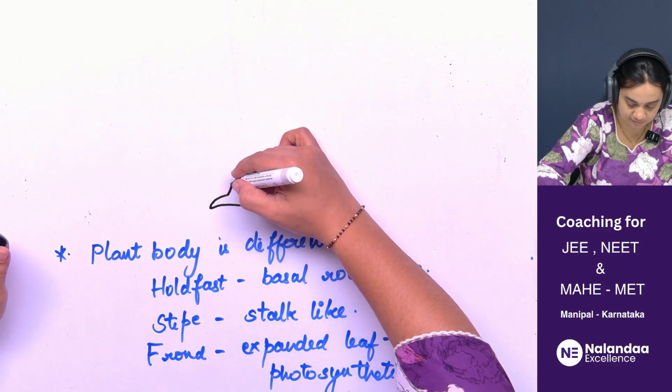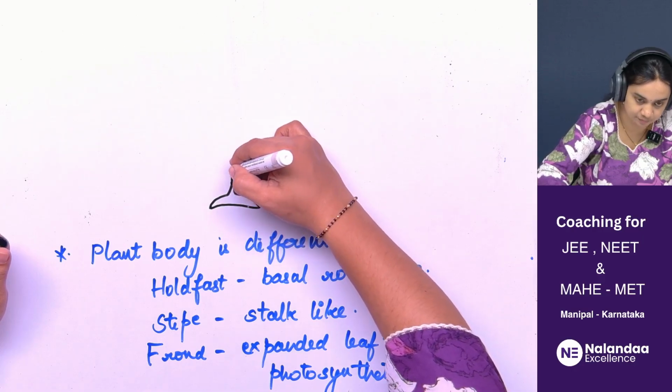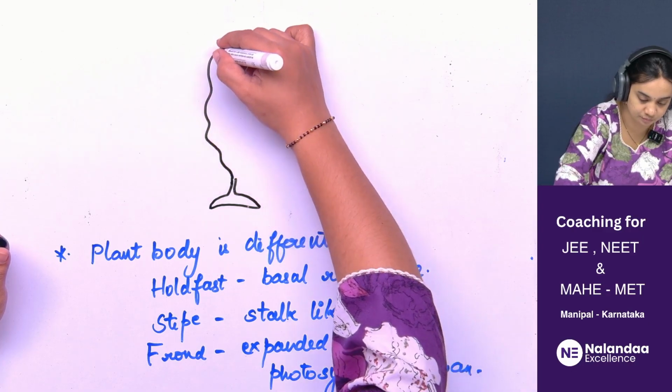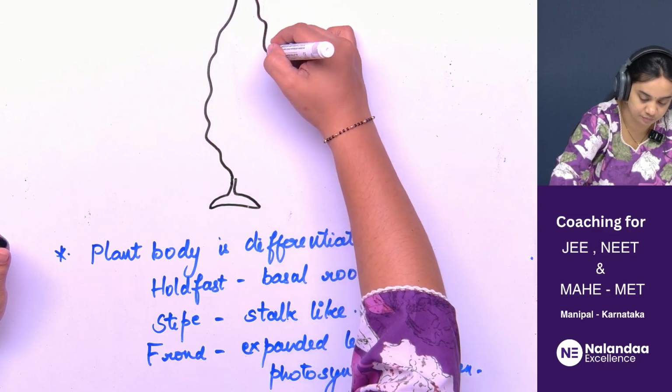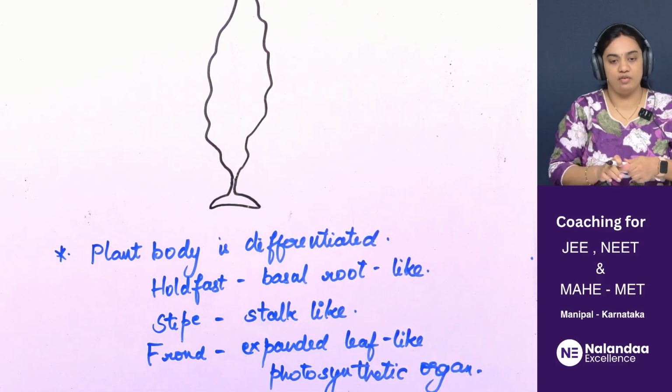There is a basal hold fast, a small stipe, and a frond.